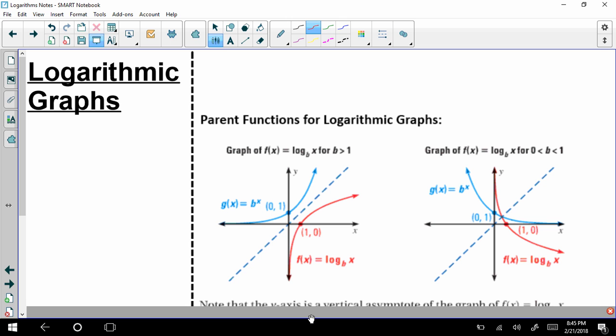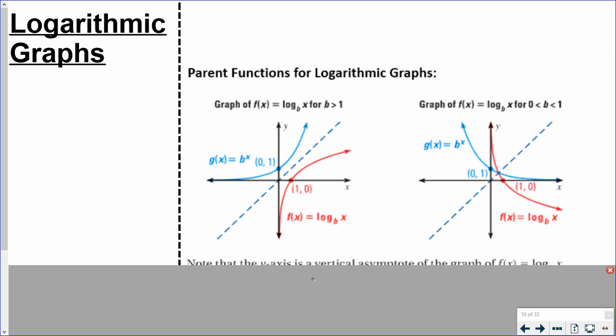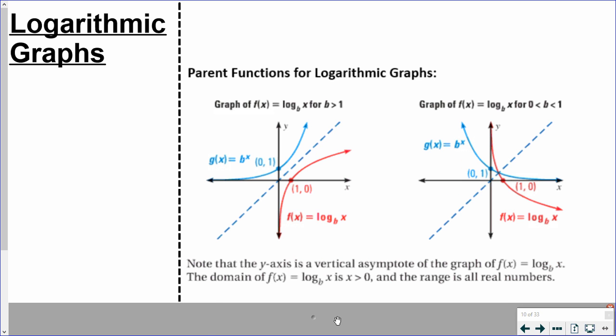So, parent functions for logarithmic graphs. What's in blue here is an exponential function. What's in red is a log function. So the log function is just the inverse of an exponential function. And so our domain here, this time, the x values are not all real numbers.